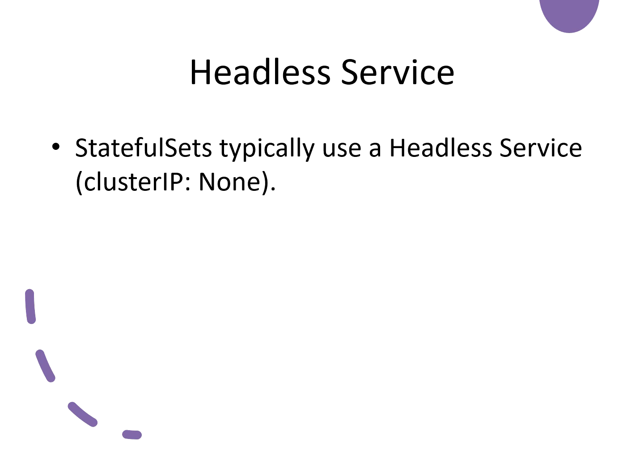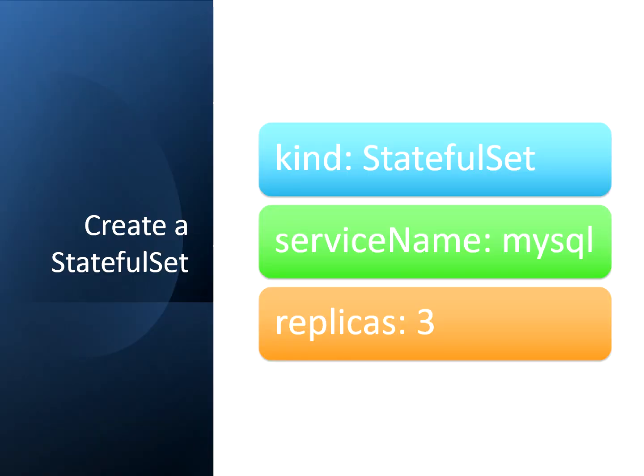So instead of giving a single cluster IP, Kubernetes creates DNS records for every pod, like mysql-0.mysql-service and likewise. This allows the application to communicate directly with specific pods, and this is called a headless service.